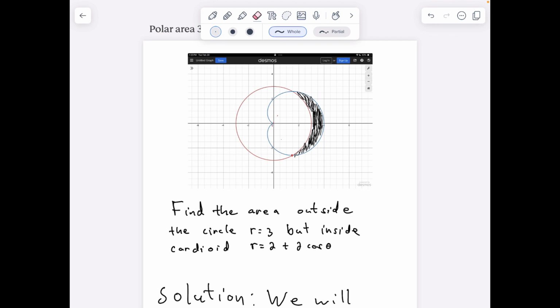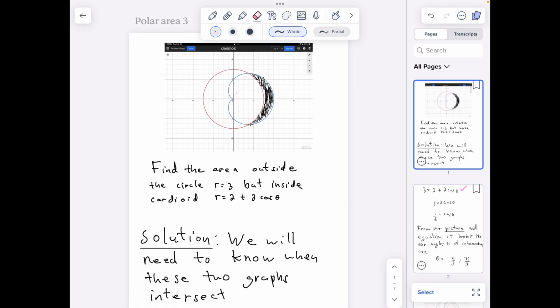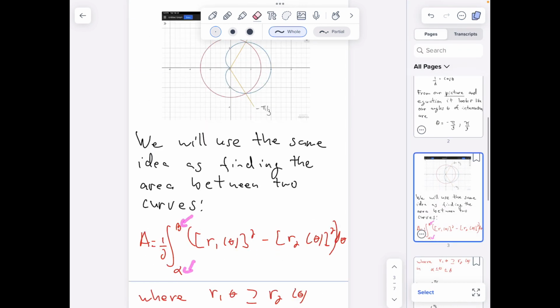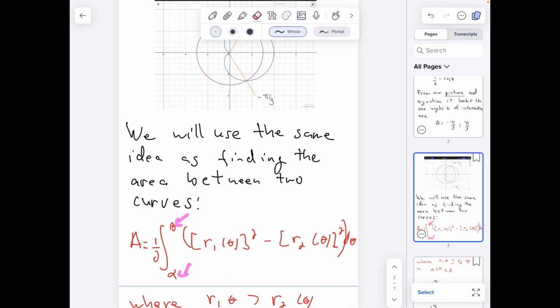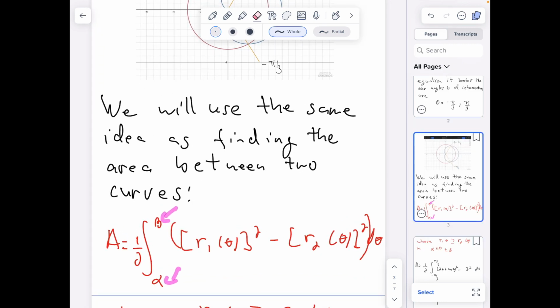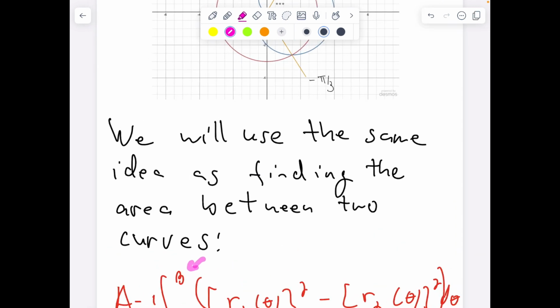Let me show you the formula that you would have. It's going to be an integral between two functions which we're taking a difference of, and this would be beta and alpha. Those are your two angles. You might say, okay, two angles of what? What are we speaking of here?